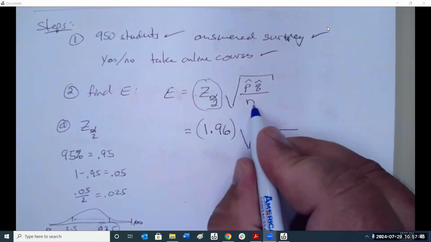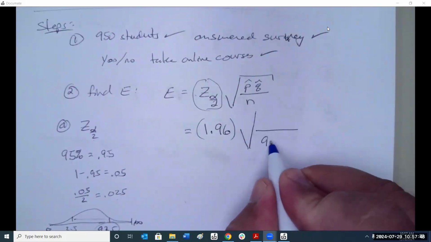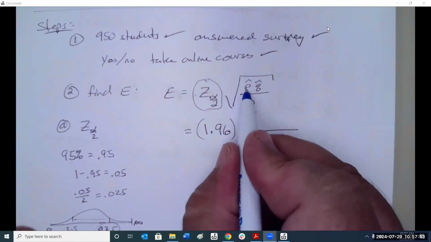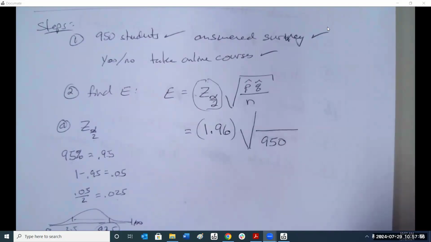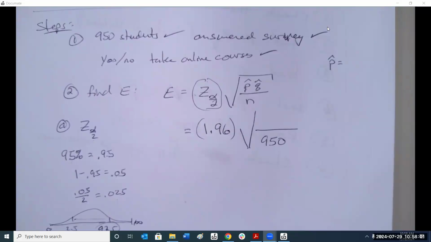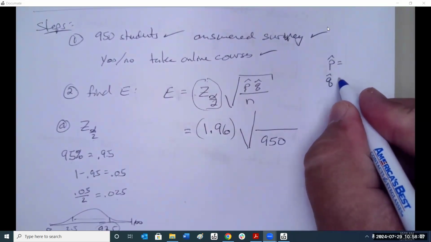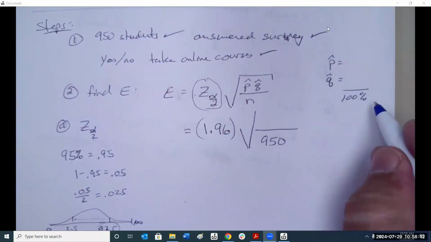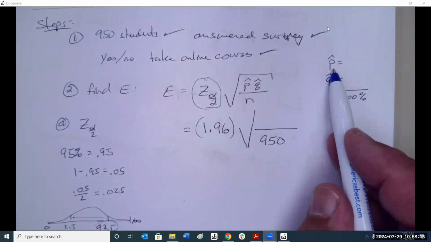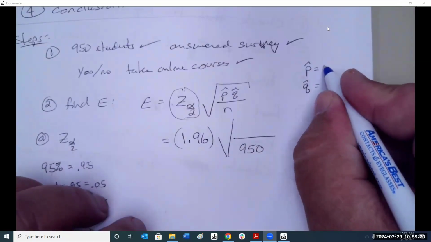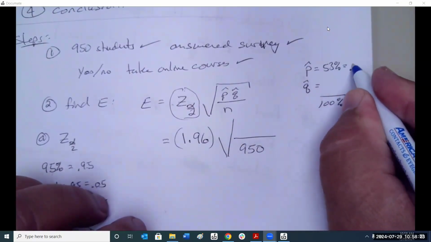Okay, so now we have N. N is the number of surveys we did, which is 950. What's P hat? P is success. 53% took online courses, so P hat is 53%, which is 0.53.